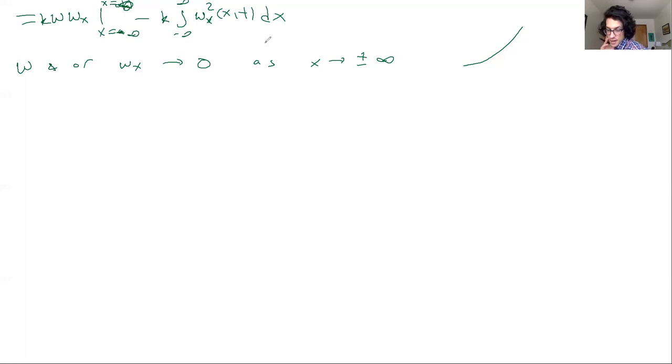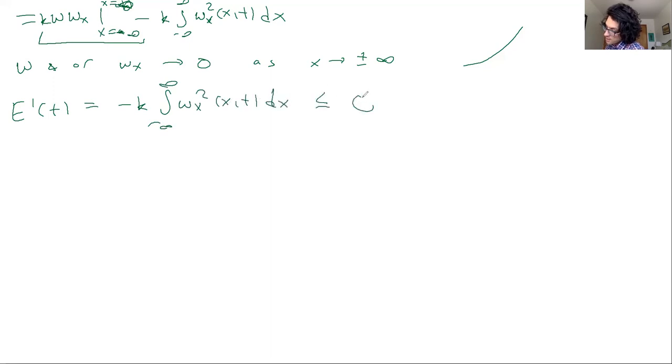But as long as that's there, this term here would vanish, and we would have E prime of t is equal to minus k times the integral of this, which is going to be less than or equal to 0.